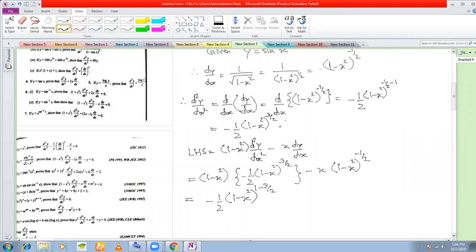You also need to differentiate. You need to multiply ddx of 1 minus x square, right? So you get minus half into 1 minus x square to the power of minus 3 by 2 into minus 2x. So this and this cancels. So what you get here is x into 1 minus x square to the power of minus 3 by 2, right?